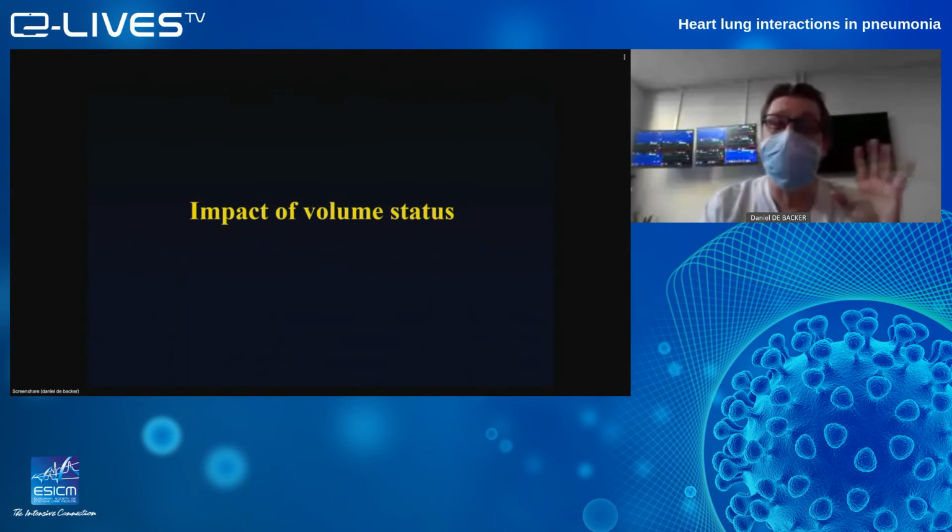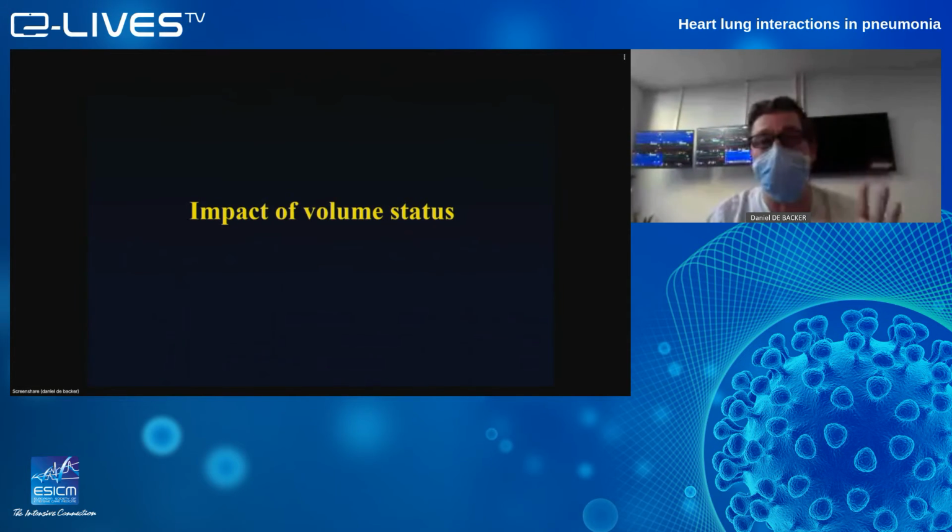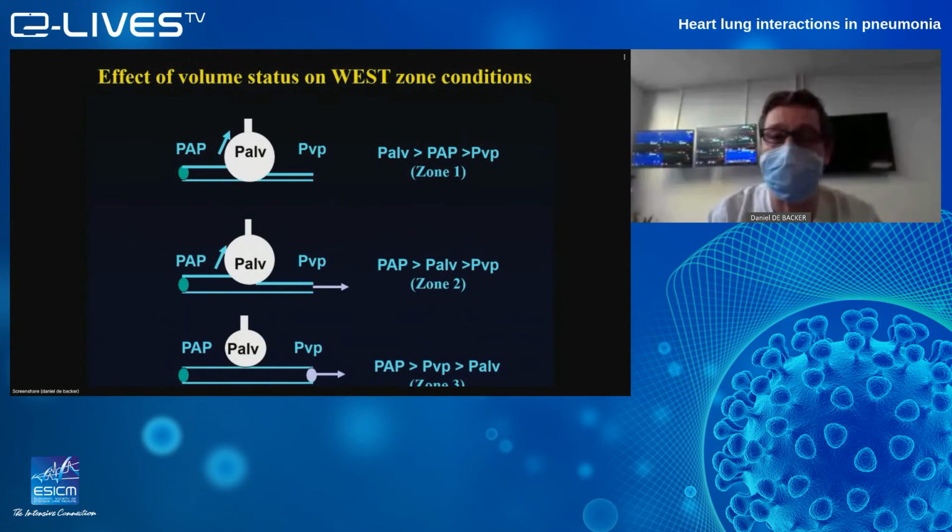What is the impact of volume status on the development of acute cor pulmonale? One may think that perhaps the best solution would be to keep this patient as dry as possible. Maybe this is not exactly the best solution, because when we give volume, we will increase the left atrial pressure, and by increasing the left atrial pressure, we will also modify the pulmonary venous pressure.